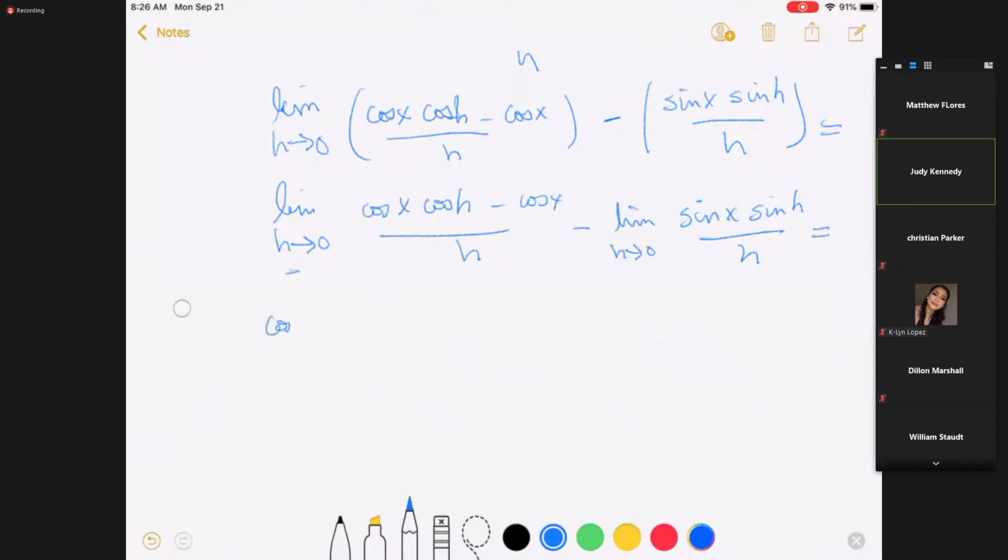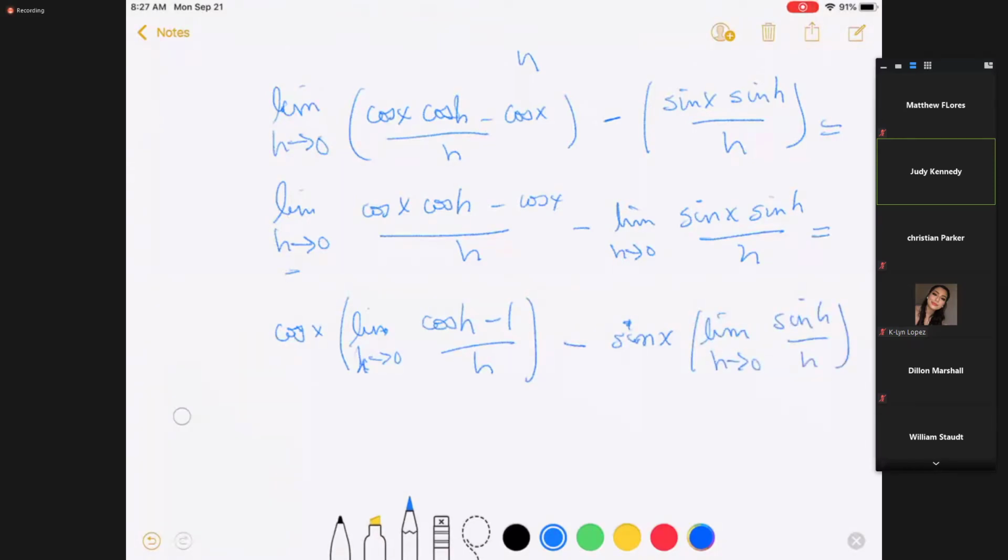So we have cosine of x times the limit as h goes to 0 of cosine of h minus 1 over h, minus the sine of x times the limit as h goes to 0 of the sine of h over h.